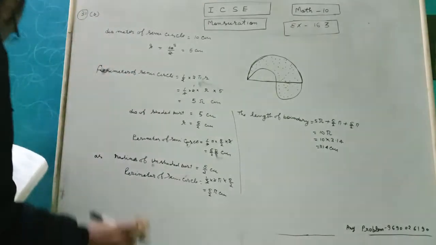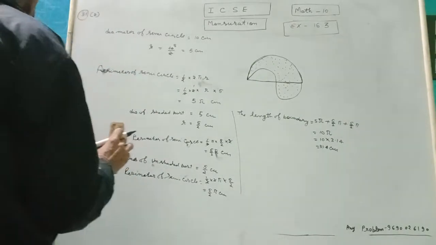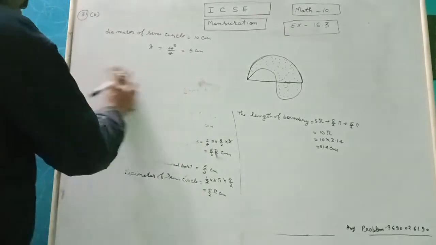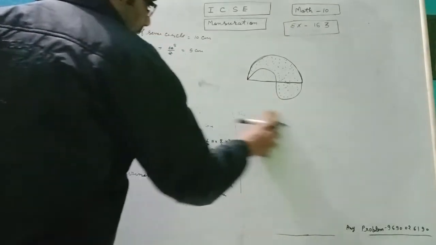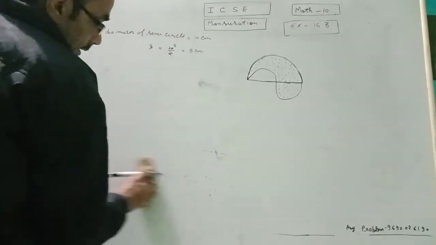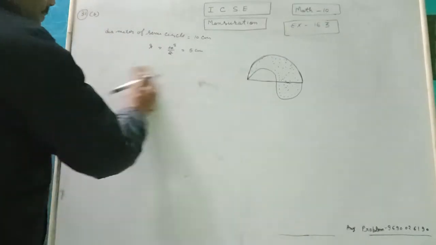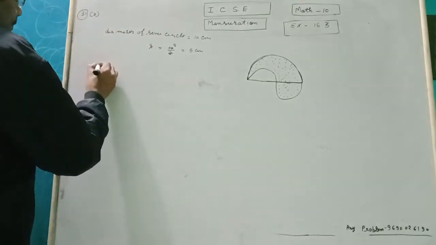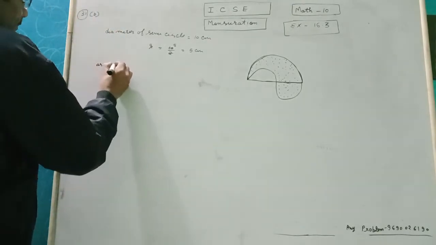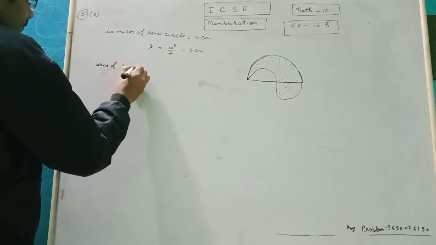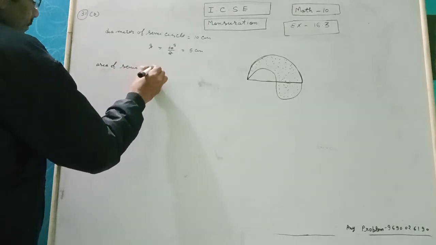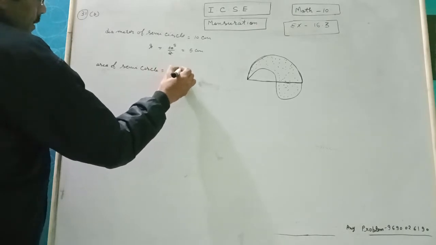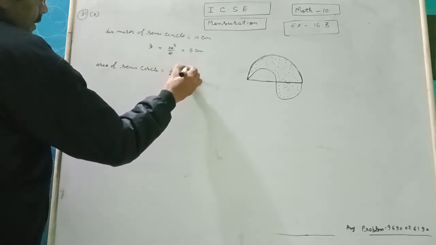Then the second part is the area of the shaded region. Area of semicircle is equal to 1 by 2 pi into 5 square.